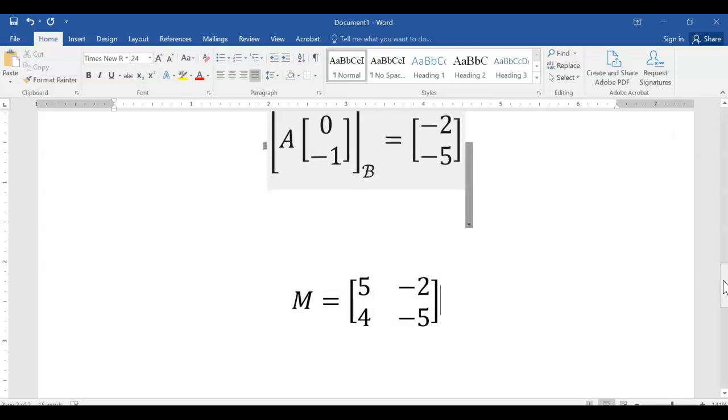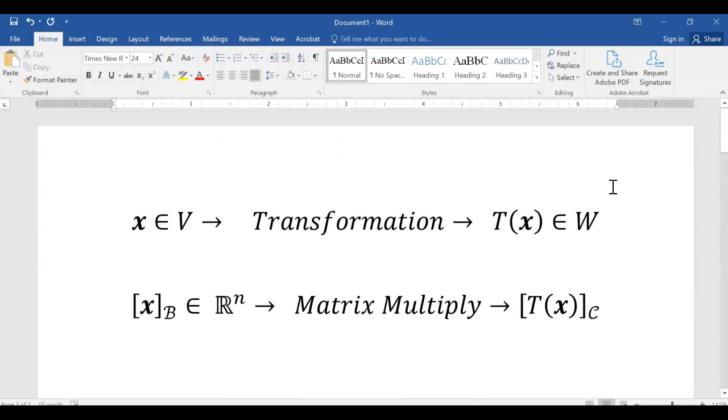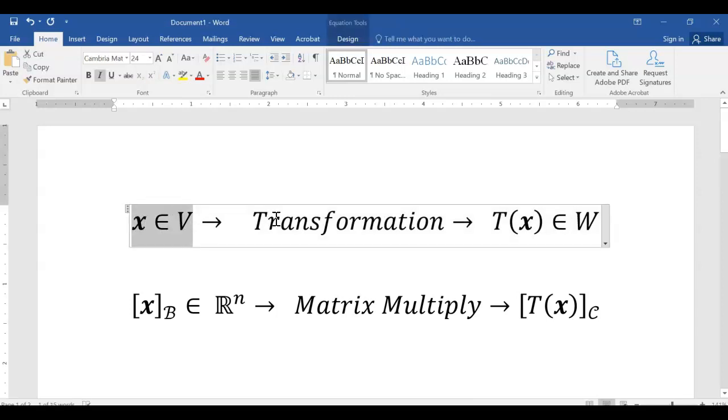Okay. Now, that's kind of a long way to go about this, right? We kind of went from here, did our transformation, went to here, and then went down this way.